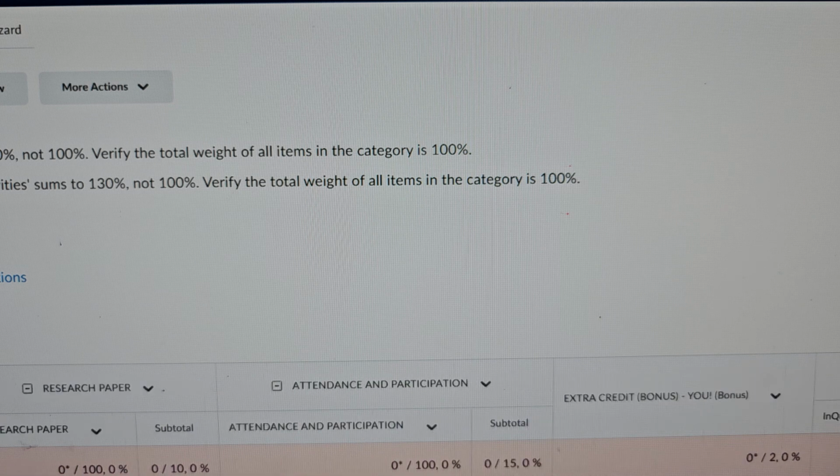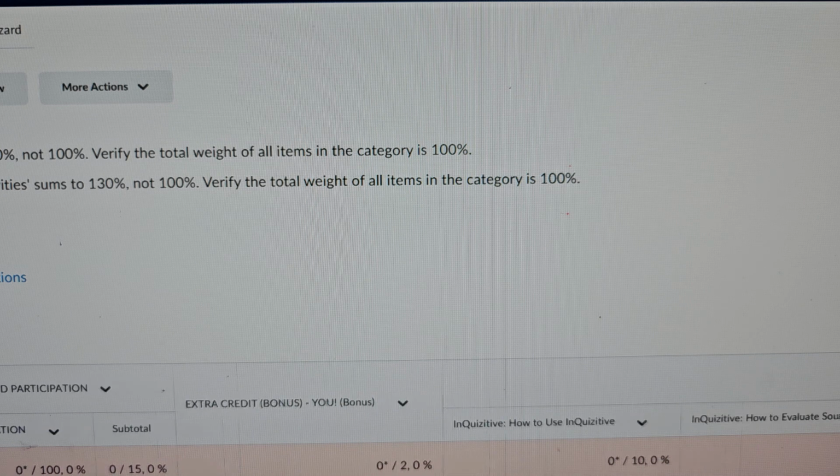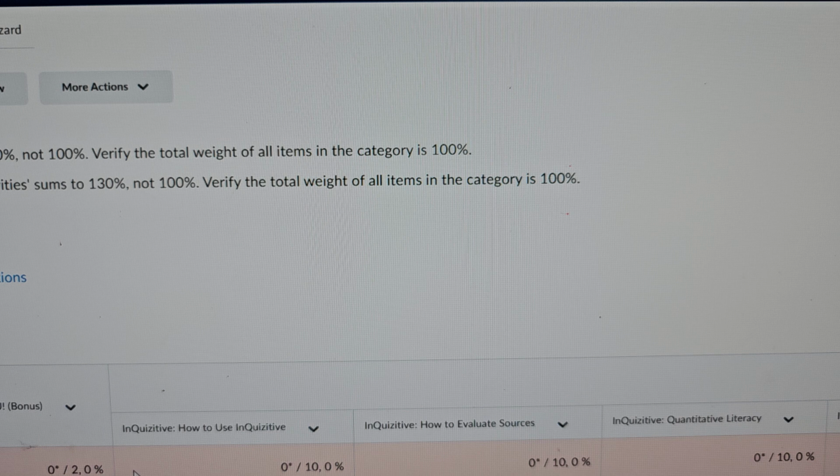You get credit. You even get credit when you are doing those what I call tutorial or introductory inquisitives. This is the first one that you clicked on, how to use inquisitive, and then how to evaluate sources. In other words, how to evaluate something that you see on the internet, or something that you read in a publication, or what have you.